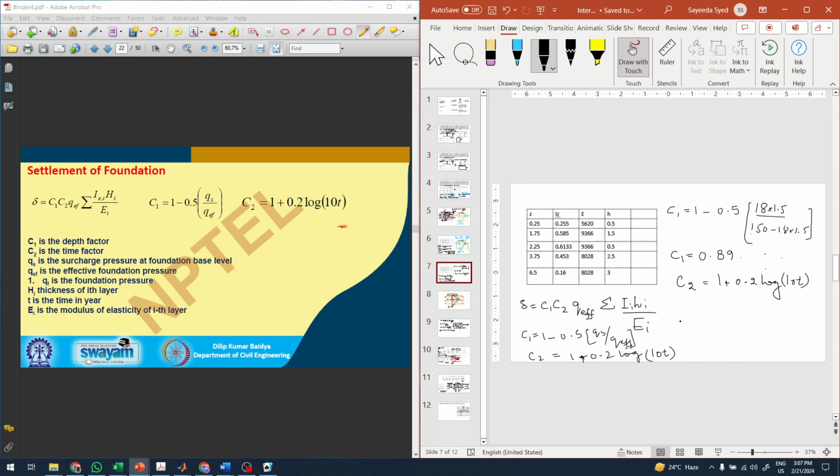So time here is in years in this formula. Because this is an empirical formula, it is always necessary to know in which units the time is given. Obviously, in a derived formula, you can change the units if you know the units for everything. But in an empirical formula, especially, it is necessary to fill in based on what units have been given. So C2 is 1.4.